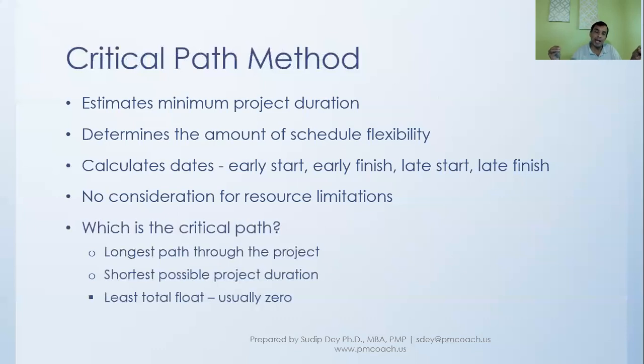We tie them back to back, and that is the shortest possible project duration we get. As a result, it's likely there is no float in that path. So the critical path is, in one sense, the longest path through the project, the path that determines our shortest possible project duration, and the path that will have zero float.